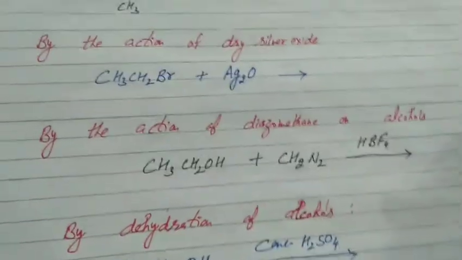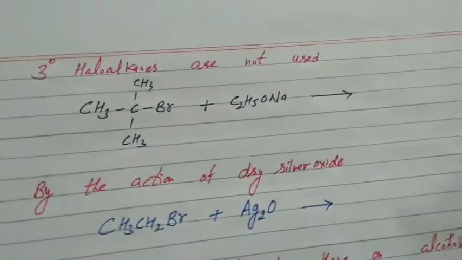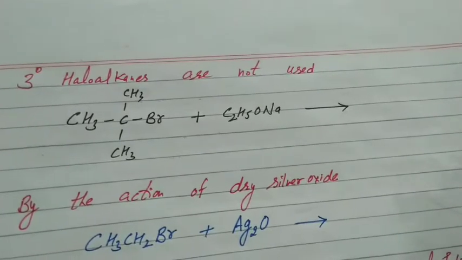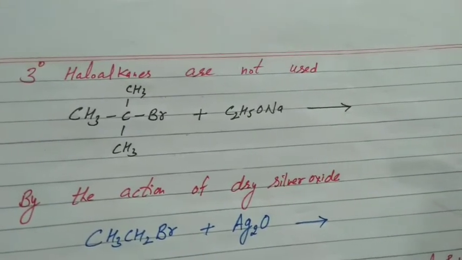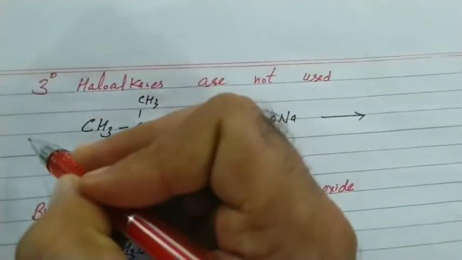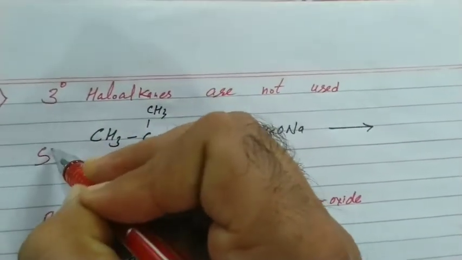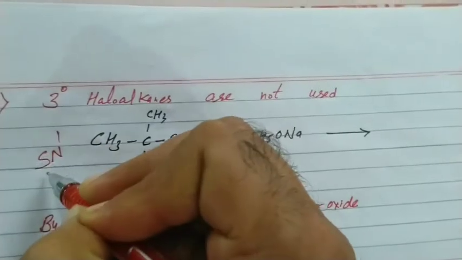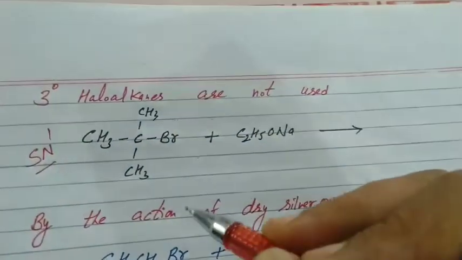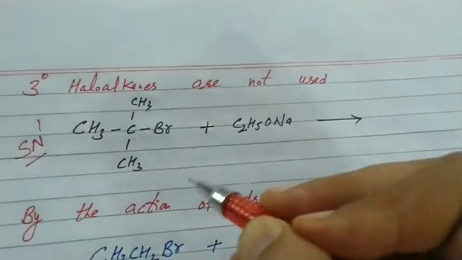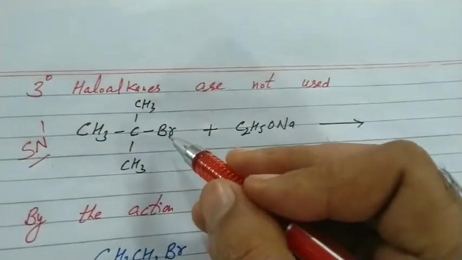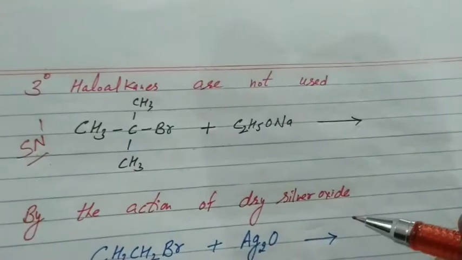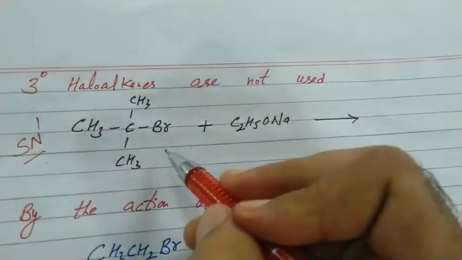Now students, second limitation of Williamson synthesis is 3-degree haloalkanes are not used. Students, whenever it's 3-degree haloalkane, all the time an exception will happen. It undergoes SN1 reaction, that is dehydrohalogenation, and gives alkene as the product. Now we don't get NaBr as the side product and mixed ether as the product. It is 3 degree haloalkane, students.